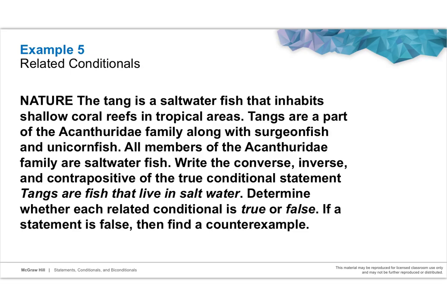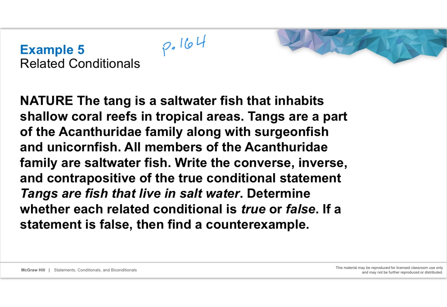Okay, in example 5 on page 164, we are going to be talking about these related conditionals that we've been discussing. And so this is an example of some related conditionals found in the science of saltwater fish.